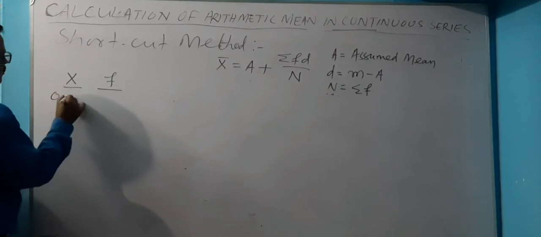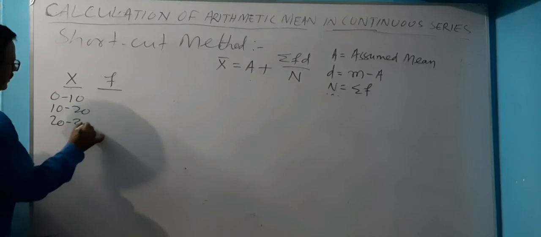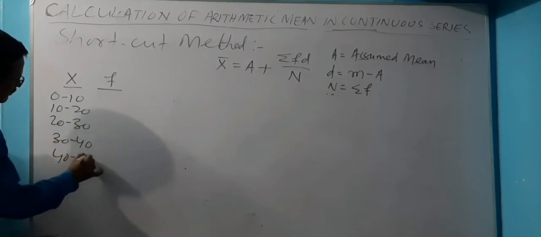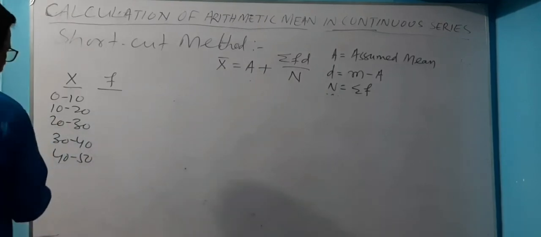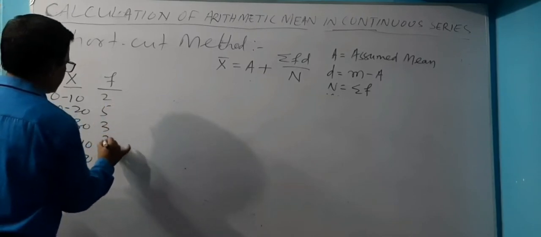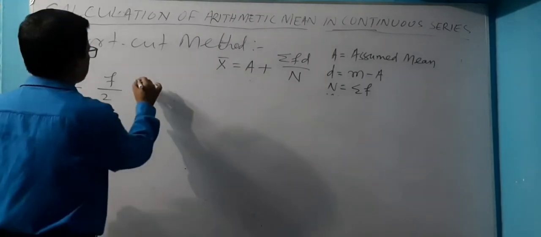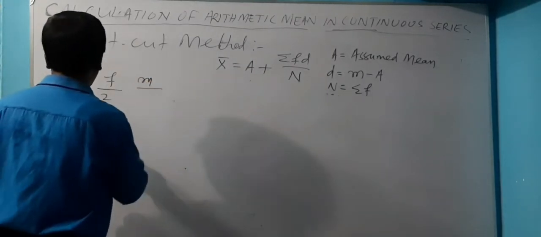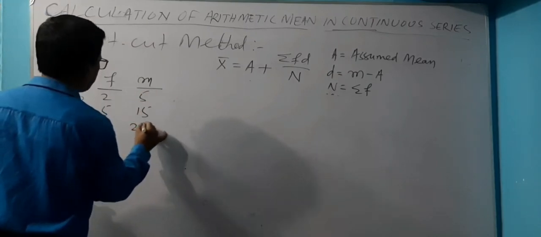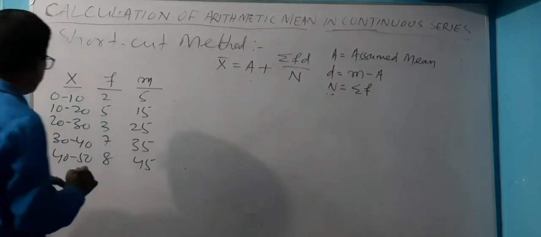X: 0 to 10, 10 to 20, 20 to 30, 30 to 40, and 40 to 50 are given. F values given are 2, 5, 3, 7, 8. Okay. Now we have to find out the midpoints first. M. What is M? 5, 15, 25, 35, 45.